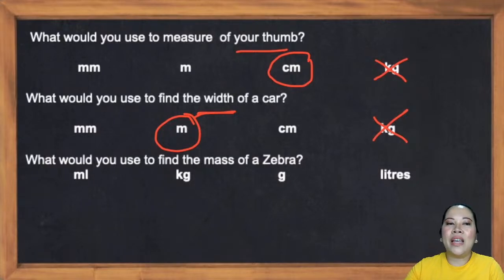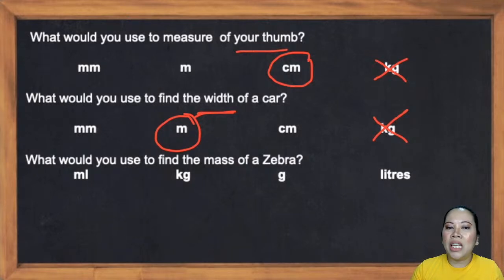Okay, when we say estimate of measurement, you have to be logical in terms of estimating, in terms of what you have to use. Yes, you can still measure the width of a car by centimeter or by millimeter because all of these are measurements of length.